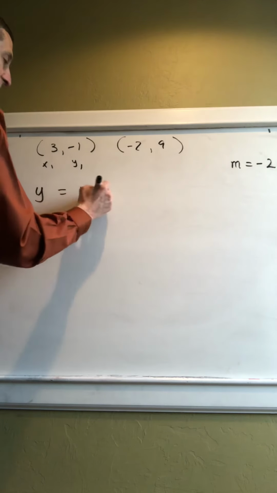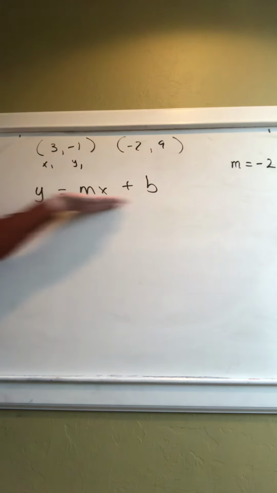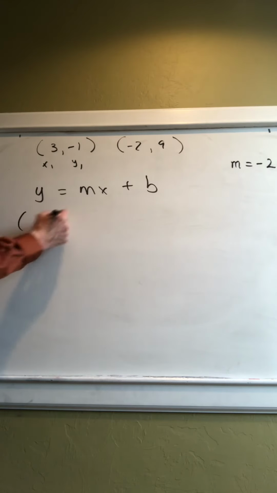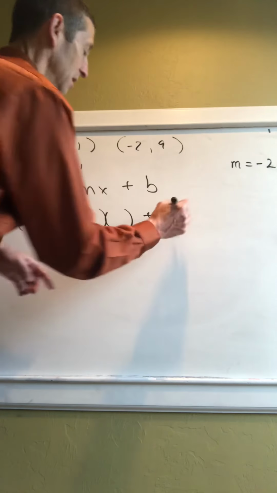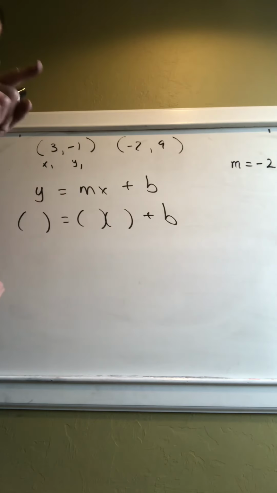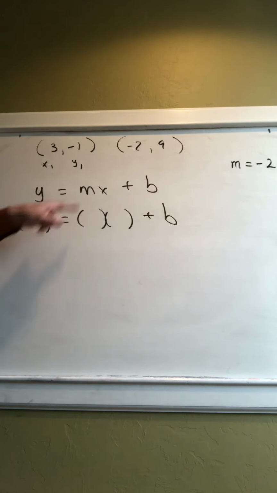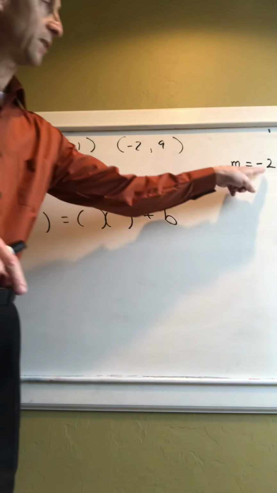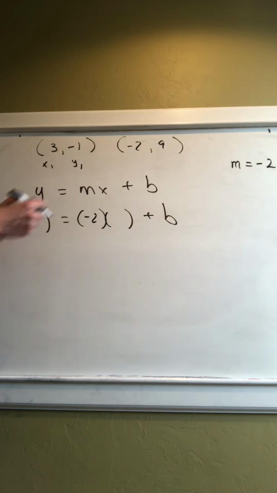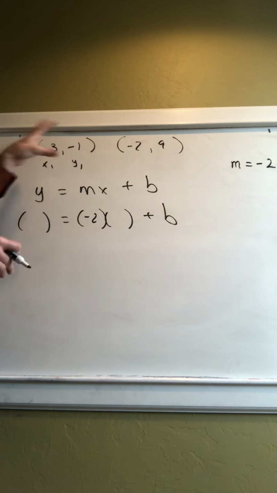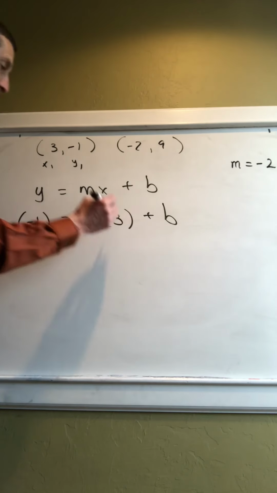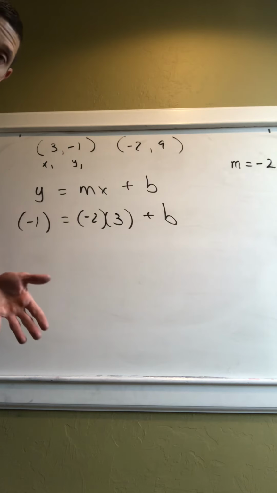So to find b, you write down your best friend, y equals mx plus b. You're going to leave the b alone, but these other letters, you're going to plug numbers in their places. So here's your m, and you already found it, it's negative 2. So you grab negative 2 and put it in there. I always grab my x and y from the first ordered pair. X is equal to 3, y is equal to negative 1, and I drop them into this equation.